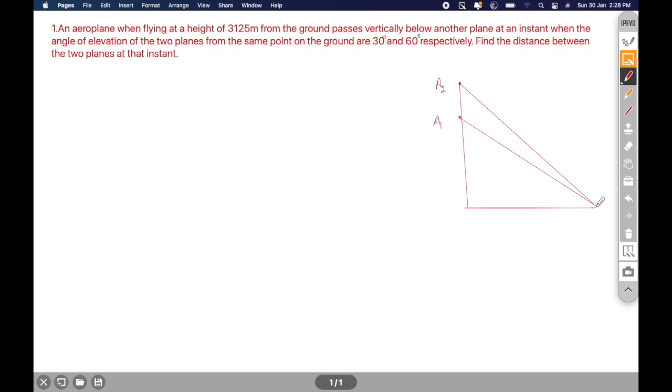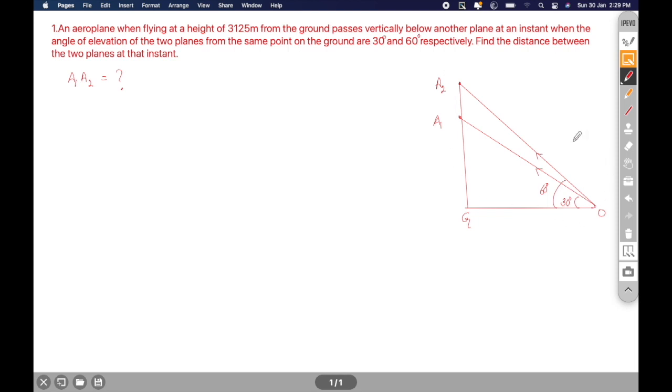If we complete the triangle here, this point O is the observer looking at aeroplane A1 making an angle of elevation of 30 degrees, and he is also looking at another aeroplane making an angle of elevation of 60 degrees. Now G is on the ground, suppose. We have to find the distance between the two planes, that is, we have to find A1A2.